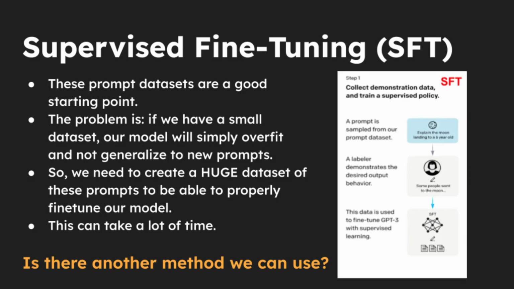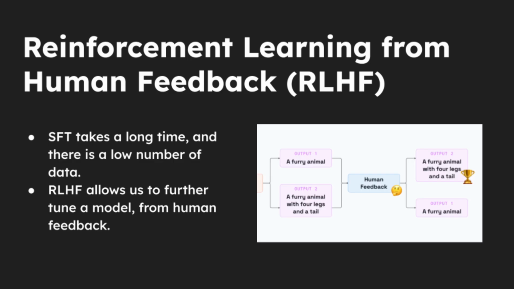I'm sure you've probably seen some variation of this. Have you ever, in ChatGPT or Gemini, asked it something and it gives you two responses, and you have to pick which one is the best?